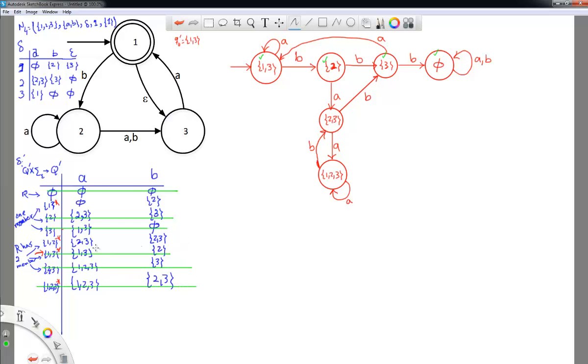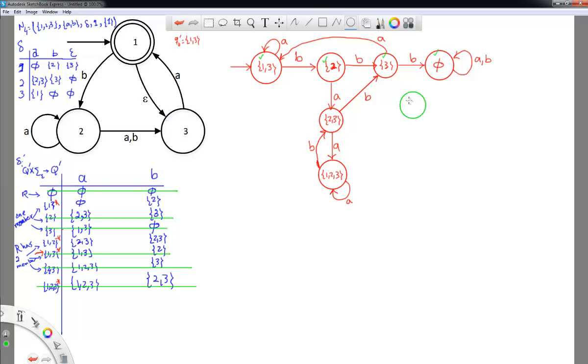Now notice that there are two states here, state 1 and state 1, 2. These two states are not reachable by any state in my machine. So state 1, let me actually draw it here.